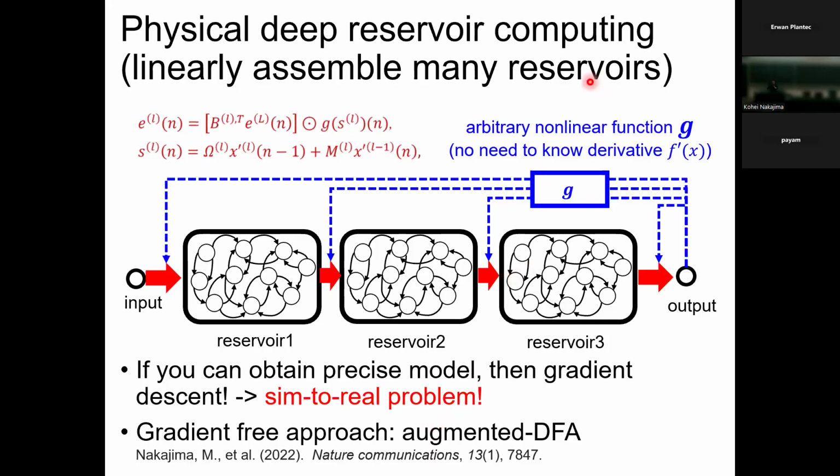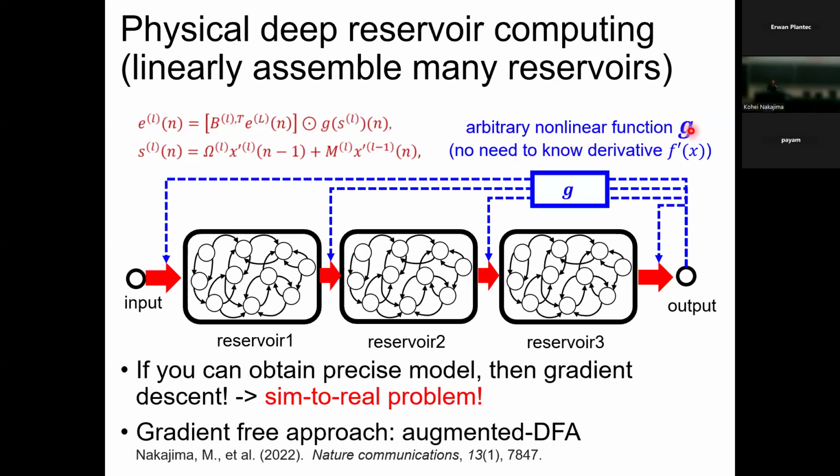Usually, when you use a back propagation approach, you need to have the derivative of your system. Obtaining the derivative means you have a good model of your physical system, but this is very hard to obtain in real physical systems. And we found that we can replace this derivative with any nonlinear function g.